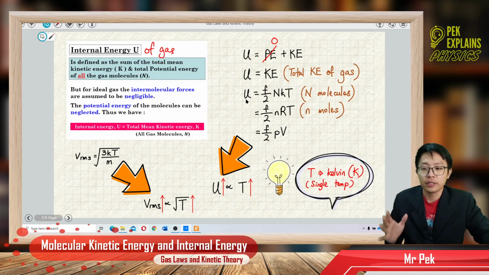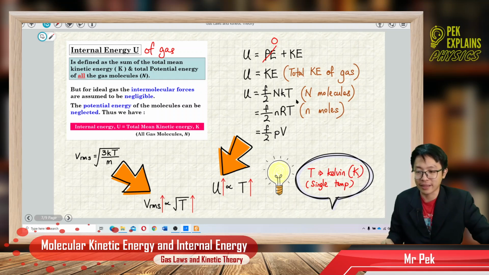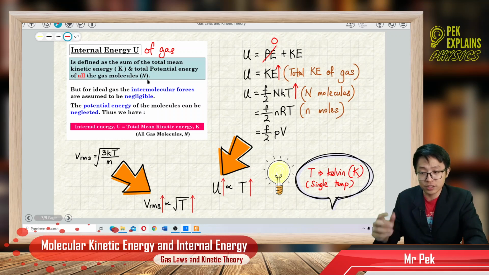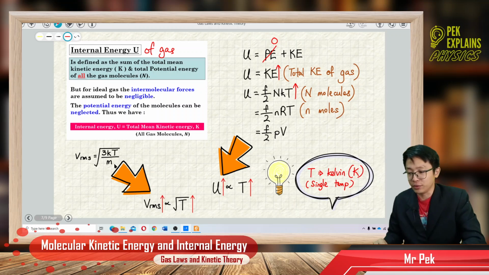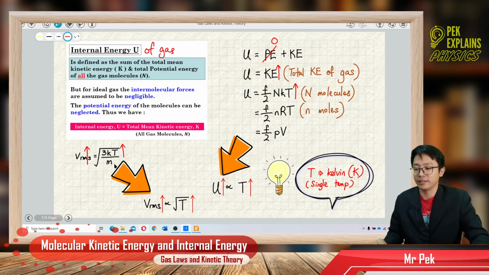So this internal energy depends on temperature. The higher the temperature, the higher the internal energy of gas. That means the higher the temperature, the higher the kinetic energy of gas, because they are traveling faster. Look at this formula: Vrms, the root mean square speed, the average speed of the gas molecules, which is the square root of 3kT over m. If you increase the temperature, the gas molecules all travel faster.